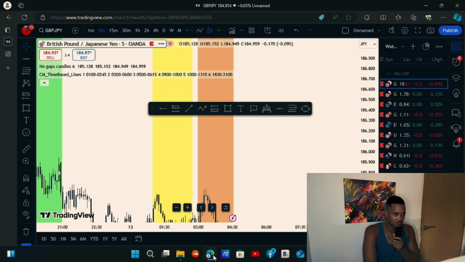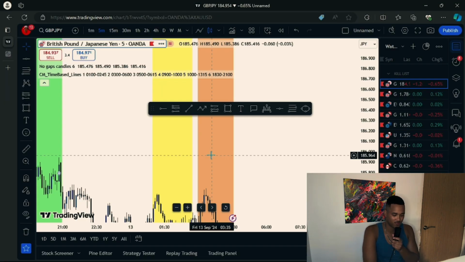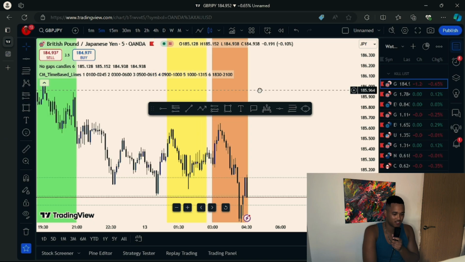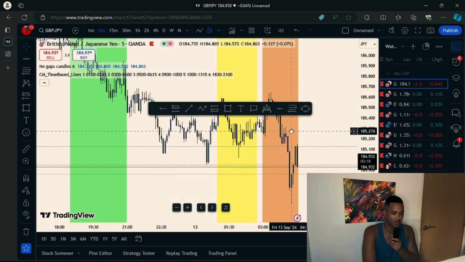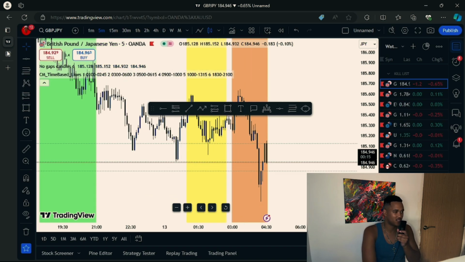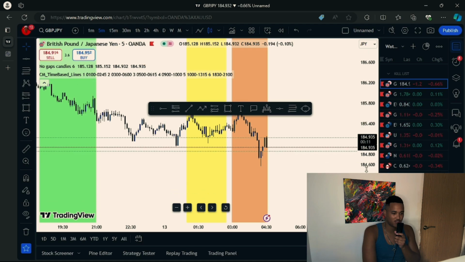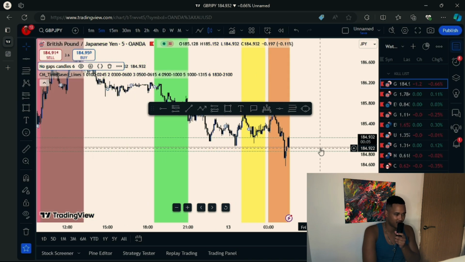We're gonna go to TradingView. Oh, we're already in TradingView. So what we are looking at is GBP/JPY. Now I'm not sure if I did this market already or I haven't. I think I haven't.